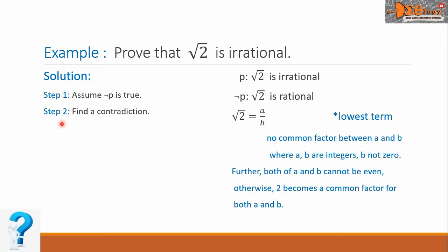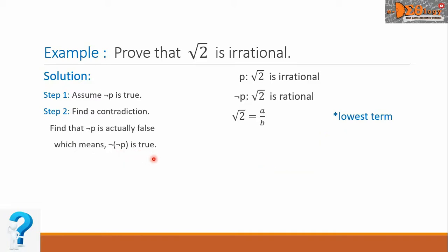Now, step 2, let us find a contradiction based on these statements. That is, let us find that not P is actually false, which means the negation of not P is true. What we're going to do here, let us square this equation.